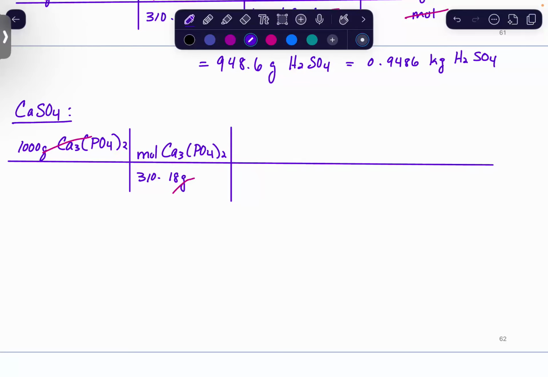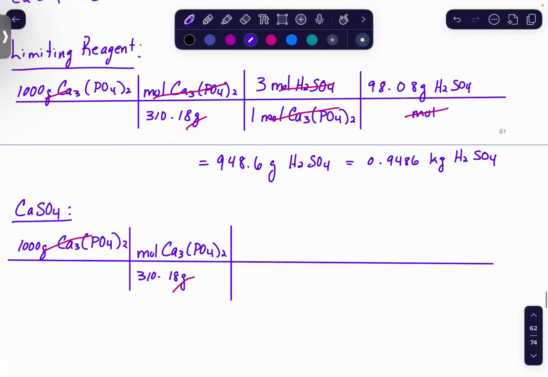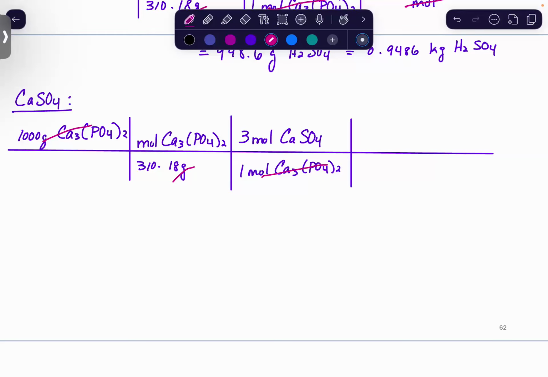And my molar ratio from the chemical equation, again, is 1 calcium phosphate to 3 calcium sulfates. Again, you're using your coefficients here, and they're in moles. All righty. And so moles of calcium phosphate divides out. And then I need grams of calcium sulfate, so I need to multiply by its molar mass, 136.14 grams calcium sulfate per mole. And moles divides out.